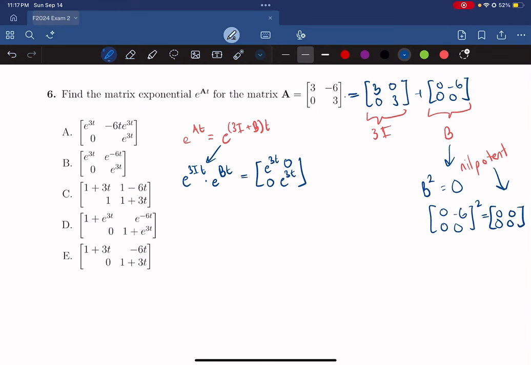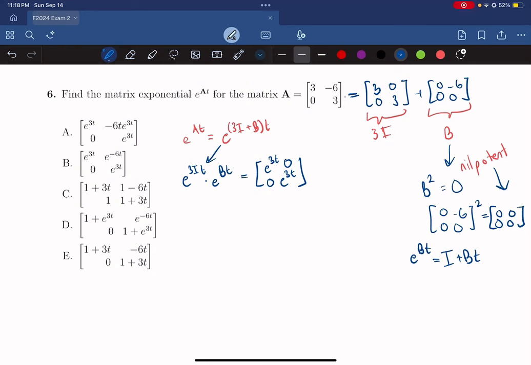And that 2 means something because you only had to square it once until it became nilpotent, which means that now your e to the bt is just going to be I plus bt. So you see here the t of degree 1 because you only had to square it once. If you had to square it multiple times, it would look something like I plus bt squared plus bt plus b, or some constant.